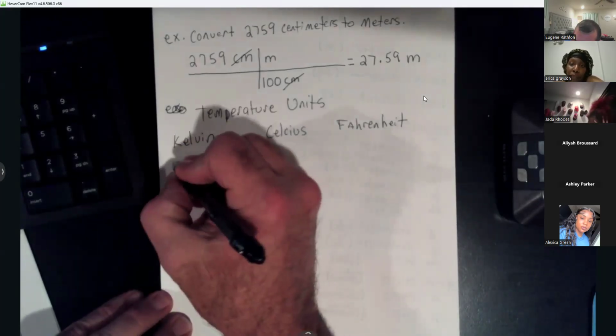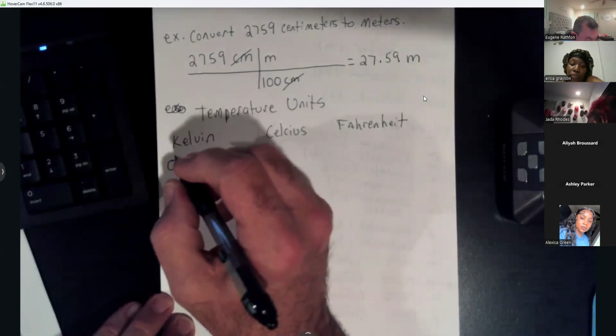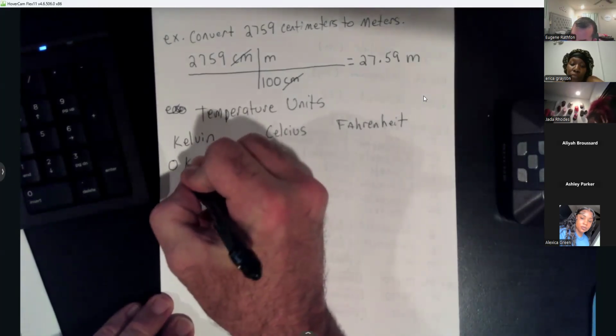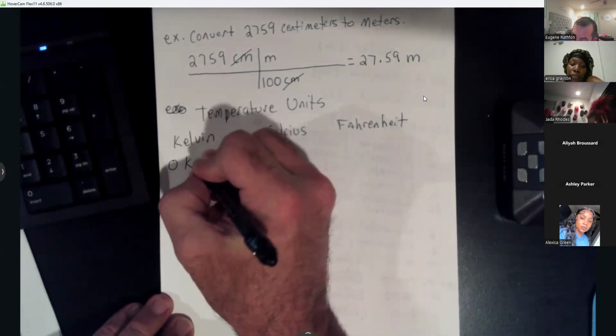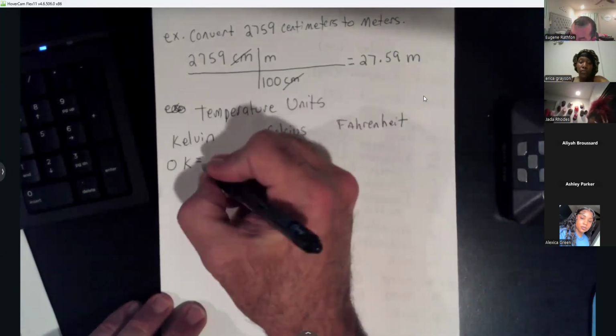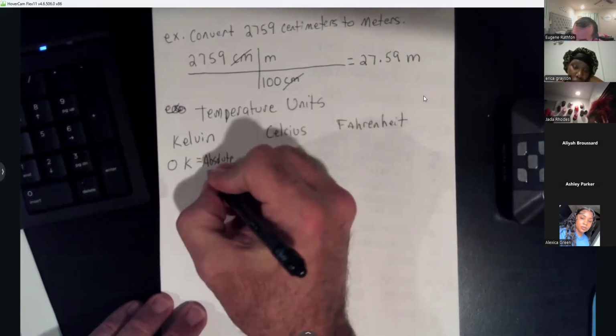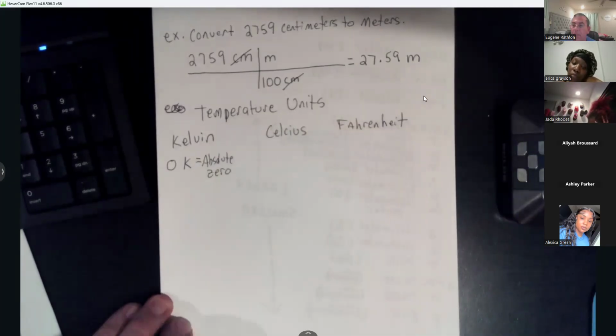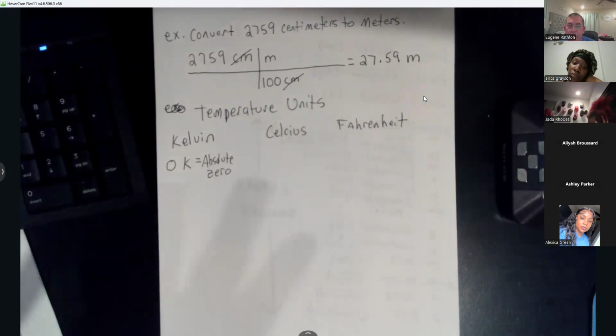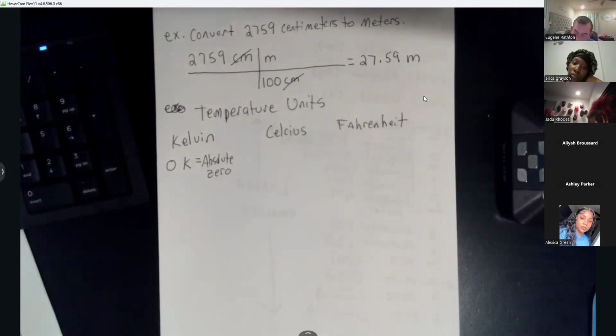Now, 0 Kelvin, which is 0 K, is what we call absolute zero. So the coldest possible temperature you can actually get.